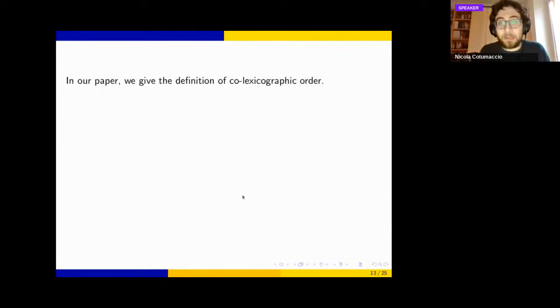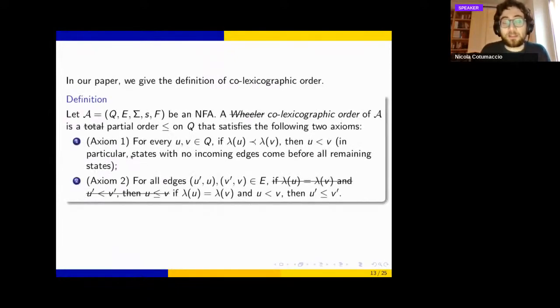So the intuition is that we can drop the assumption that the order is total, and we can be fine with just the requirement that the order is partial. We don't need to change axiom 1, and we slightly need to change axiom 2. If you recall the example, in axiom 2, I was requiring that the mutual order of starting states should propagate to the mutual order of end states.